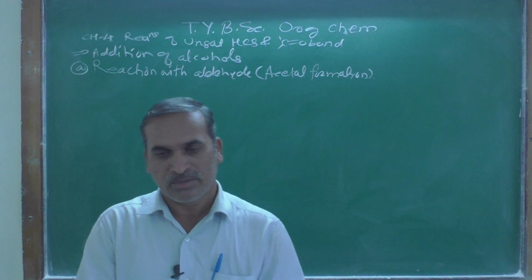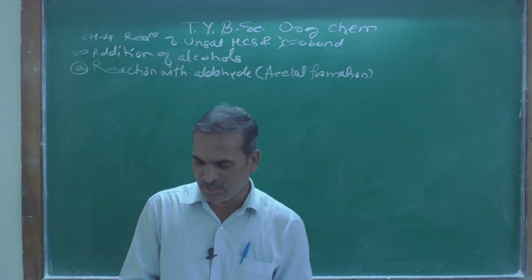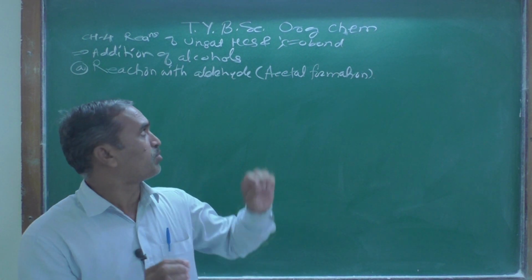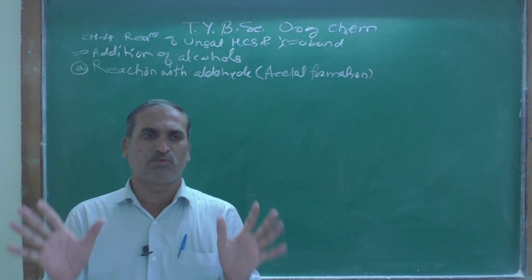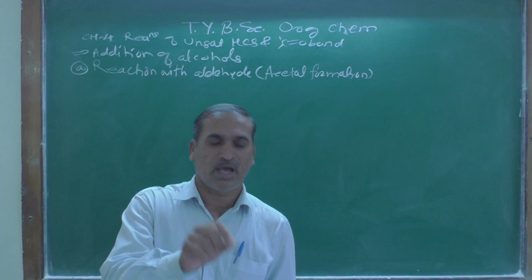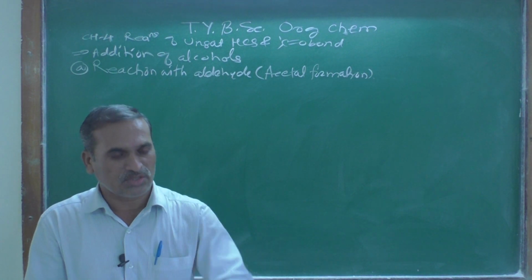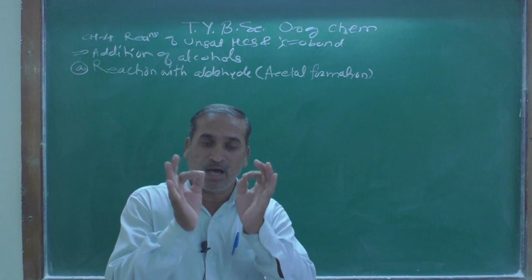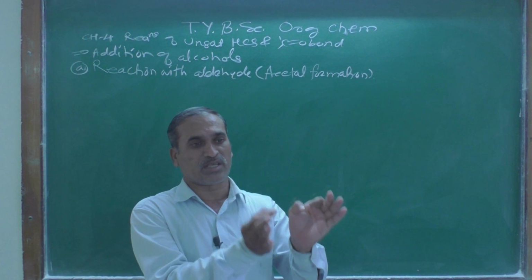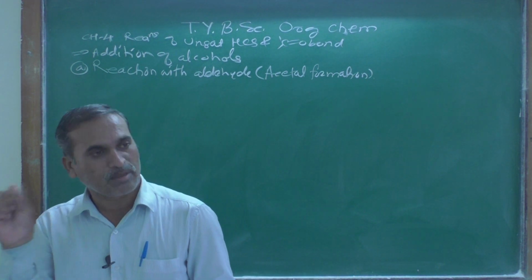First let us see what we mean by acetal formation. Suppose here is an aldehyde. We know that aldehydes are compounds having the general formula R C double bond H, and the aldehyde group is always present at the end of the carbon chain.